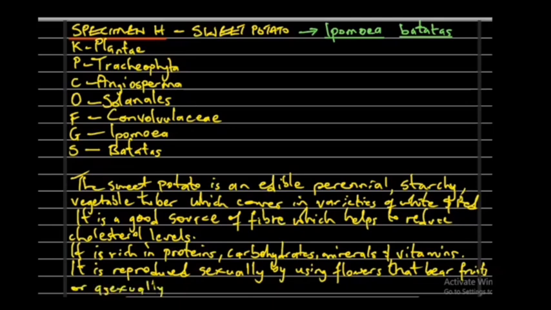It can also be reproduced asexually using the eyes of the potato, the eye nodes of the potato.